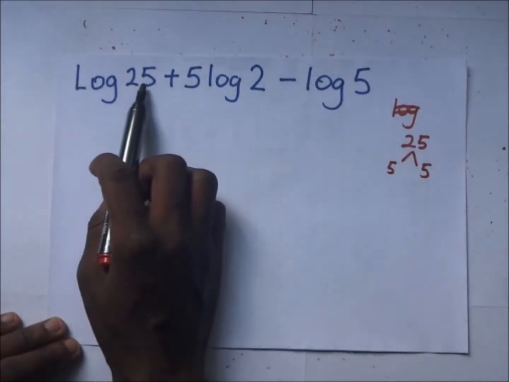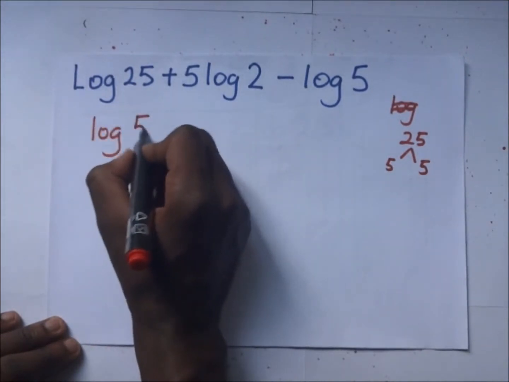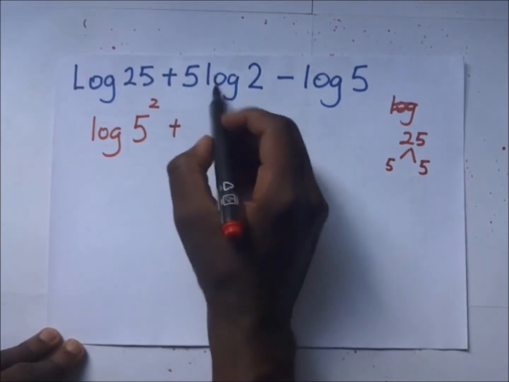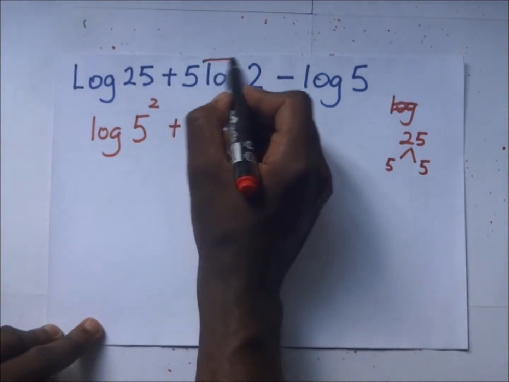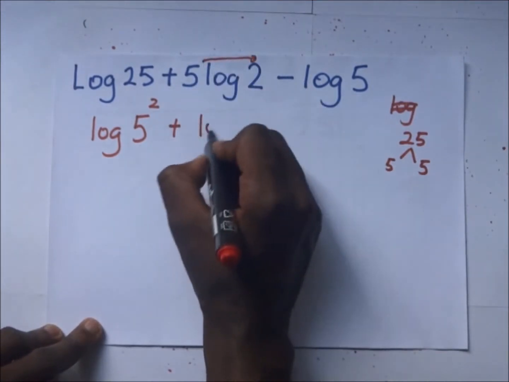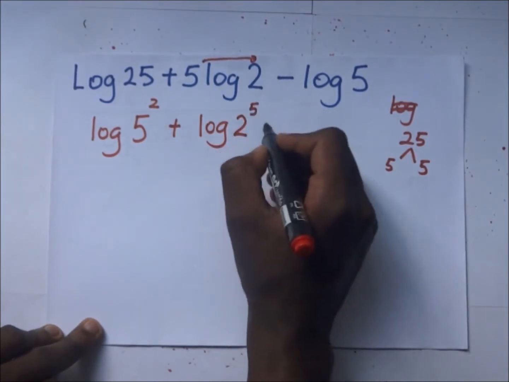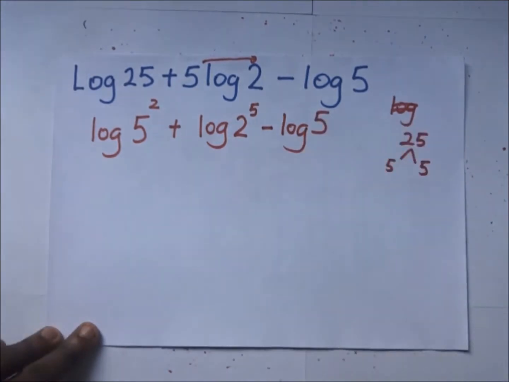So this is the same as saying log of 5 squared plus, now this is 5 log 2. This 5 can be taken back up there, so it becomes log of 2 to the power 5 minus log of 5.